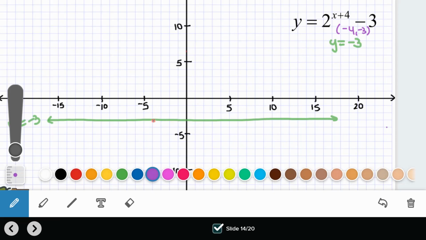Okay. And this is where I'm going to start. So 2 to the 0 is 1. My next height's going to be 2. My next height's 4. Whoops, I forgot my doubling, so 1, 2, 4, 8. And then I can connect it. And this is going to be my graph.